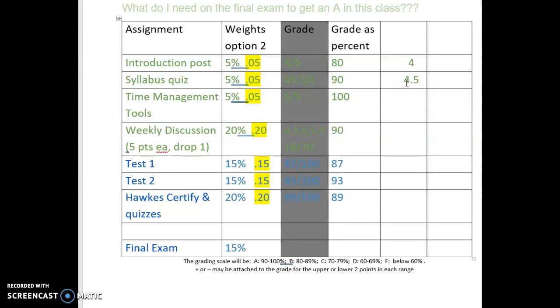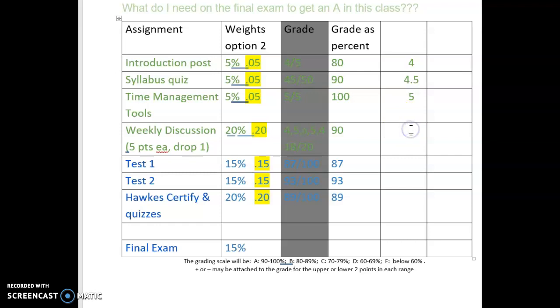out of the 5%. So you got 4.5 out of those 5%. For this one, you got 4 out of the 5% for this one. And then down here, 5 out of 5, 100% times 0.05 is just going to give you the 5 because you got all of it. So that's good.